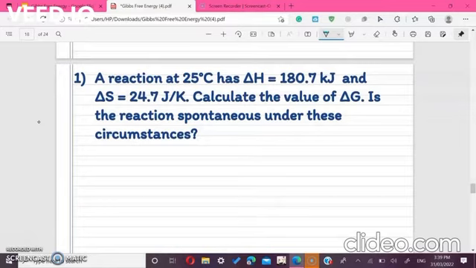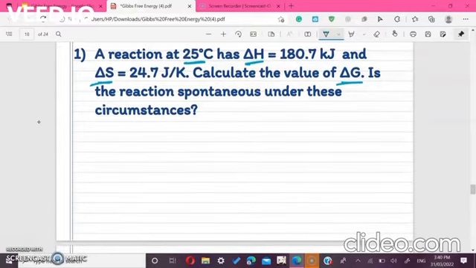A reaction at 25 degrees Celsius has delta H of 180.7 kilojoules and delta S of 24.7 joules per Kelvin. Calculate the value of delta G. Is the reaction spontaneous under these circumstances? Now let's write the given. We have temperature, which is 25 degrees Celsius.